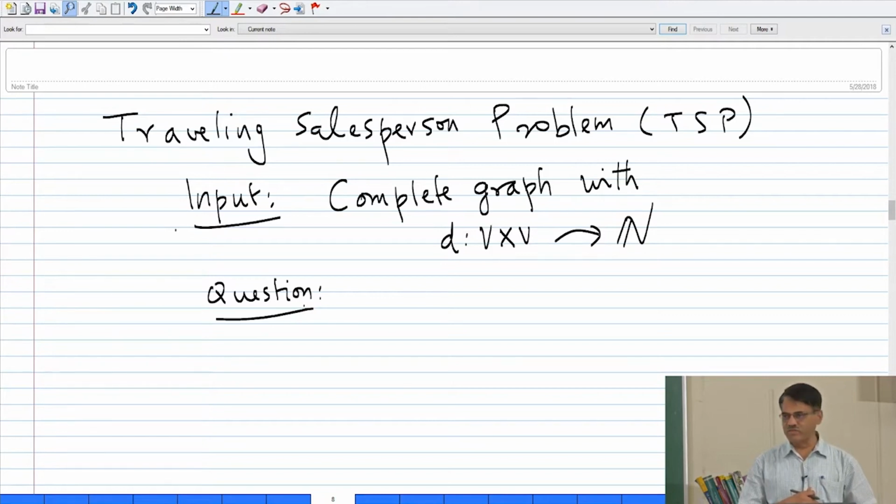It is not a decision problem. So, how do you convert it into a decision problem? Yes. So, the input contains some k, not k length, but k distance, right?